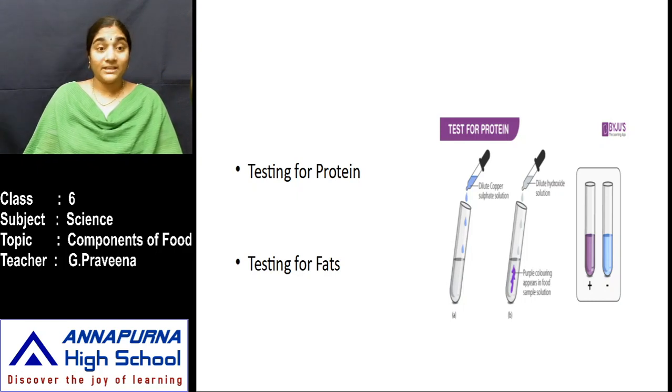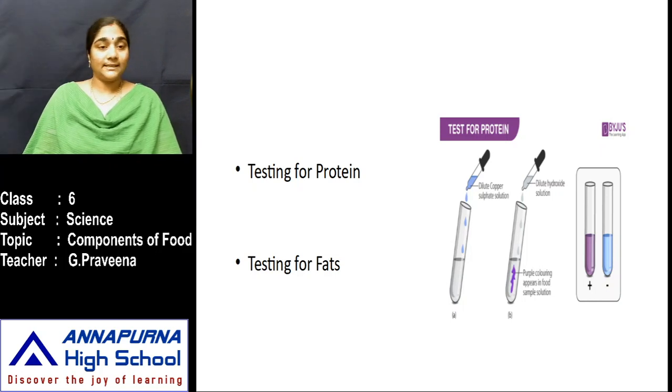Then how can we test what is the method used to determine that the food substance consists of fats? Here, the food that you want to test, you have to take it on a sheet of paper and wrap it. If this food material leaves a patch of oil on the paper, it indicates that the given substance consists of more amounts of fats in it.